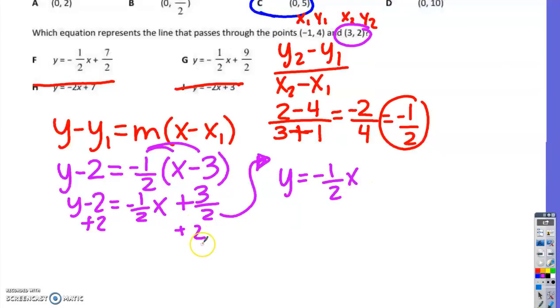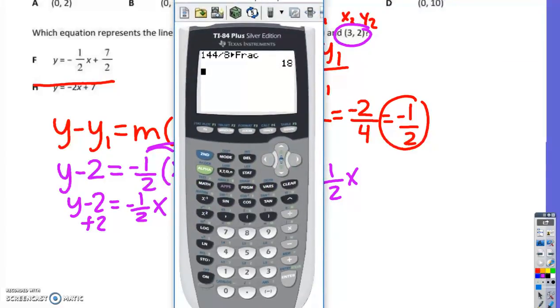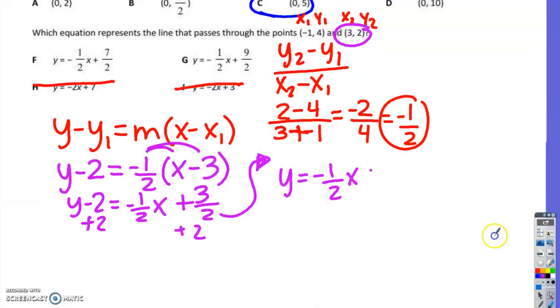Now I'm trying to do 3/2 plus 2. How do I do that? Well, get out your handy dandy calculator. Remember, you need to put your fractions in parentheses, so that's 3/2 plus 2. I want it back in a fraction, so I'm going to go math, enter, enter, and it tells me that's 7/2. So this is going to be plus 7/2. Look at my answer choices, and I see F is going to work out for me.